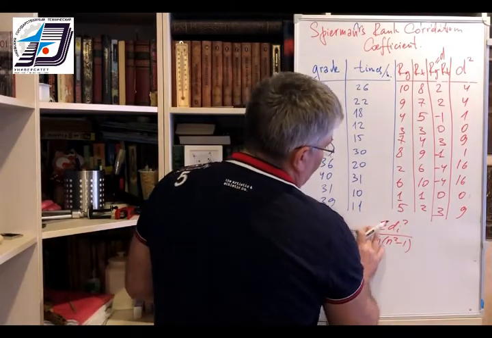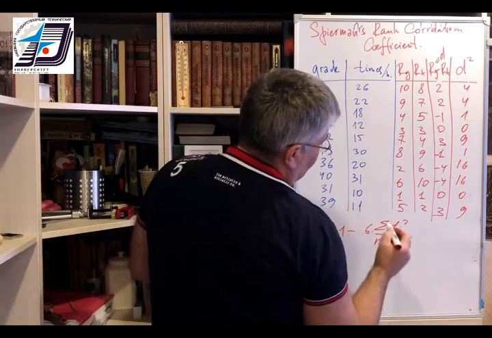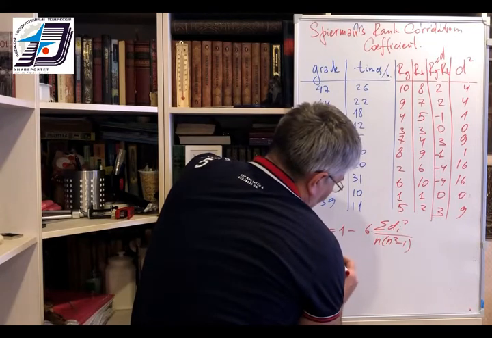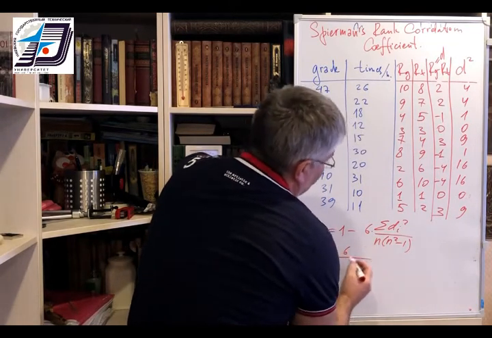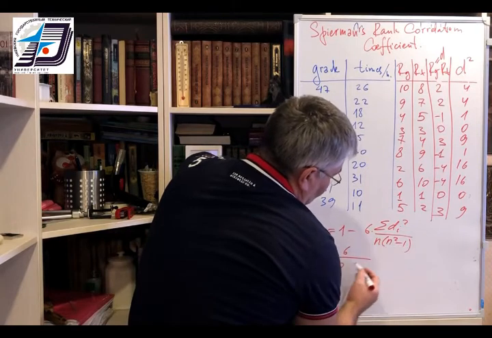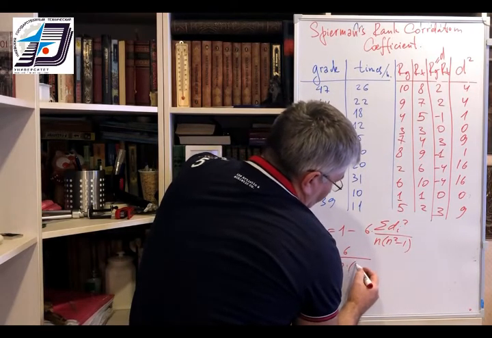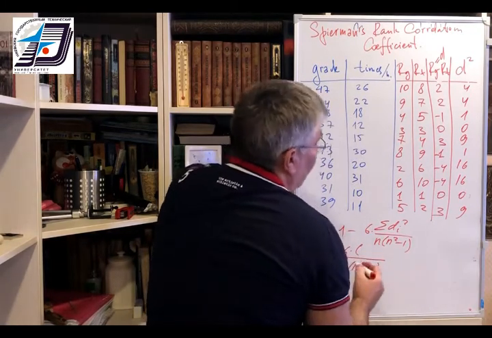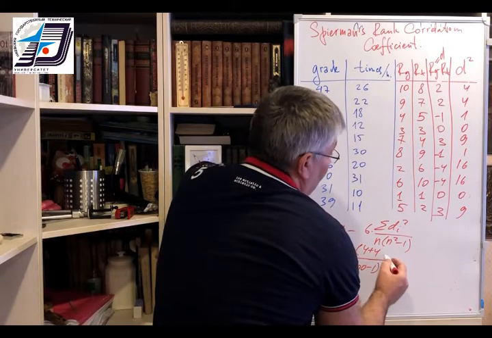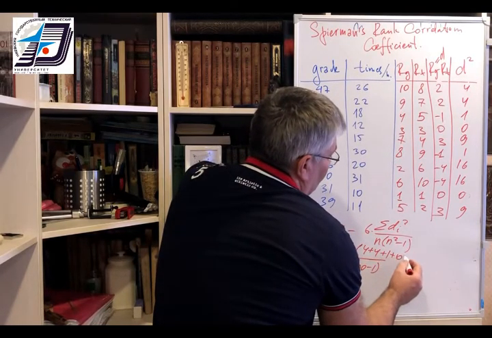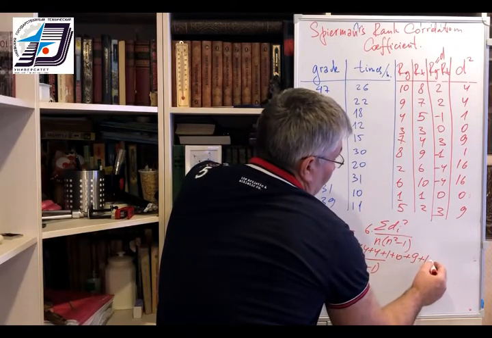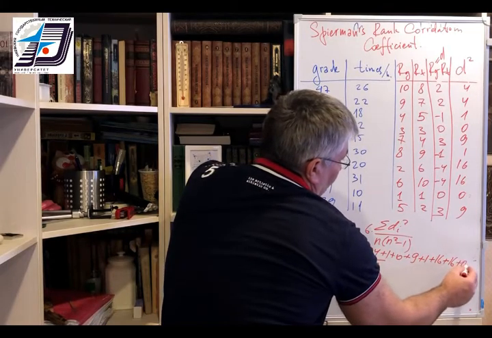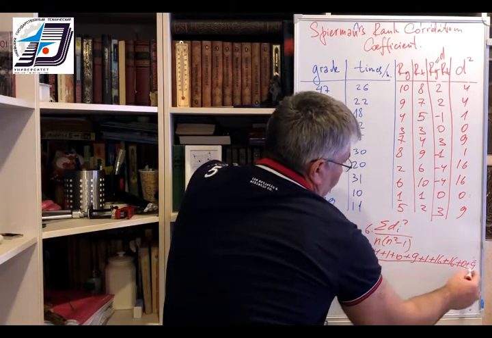Oh, I'm sorry, 6 here. So we have 1 minus 6 over n, which is 10, times 10 squared minus 1, times 4 plus 4 plus 1 plus 0 plus 9 plus 1 plus 16 plus 16 plus 0 plus 9.